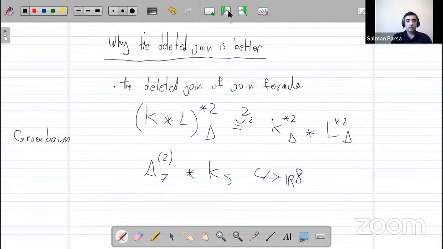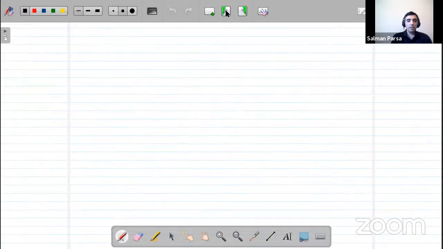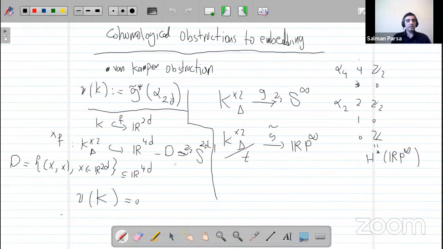Okay, so now we want to have a similar look. It's conceivable that instead of looking at exactly Z2 spheres, we can look at some subcomplexes that are similar to Z2 spheres but not exactly homeomorphic to them.